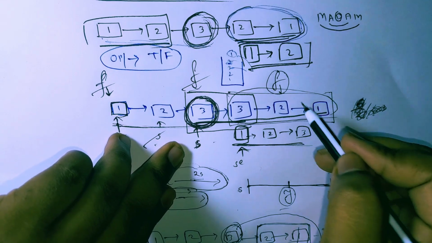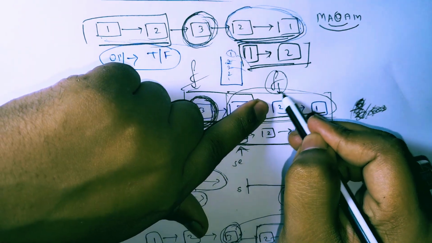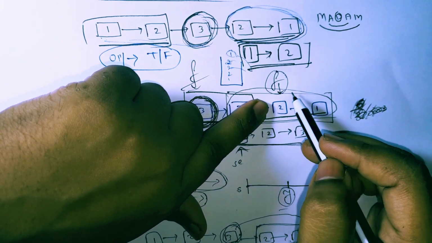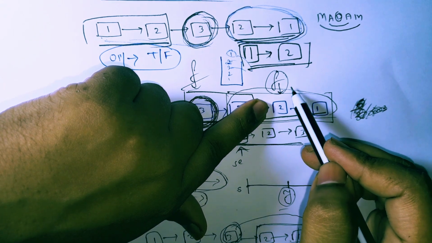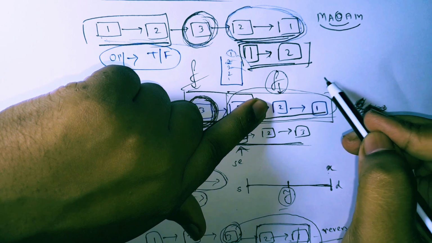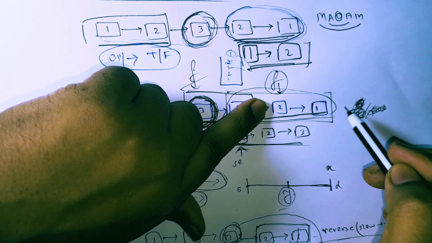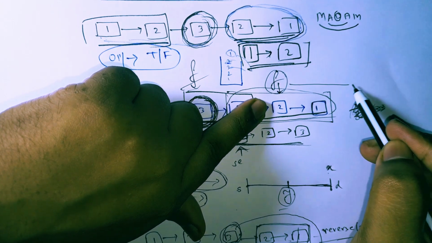while loop? If I see that my fast pointer is here, and if I move the fast pointer as fast equals fast next next, it will skip one and move further.